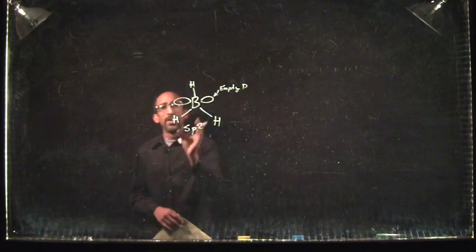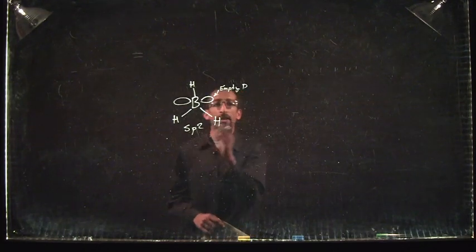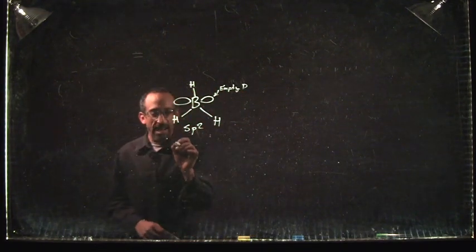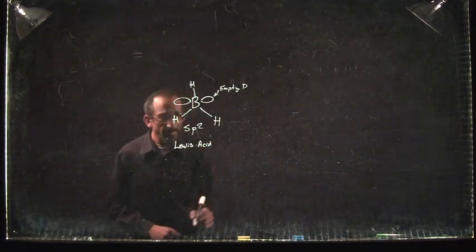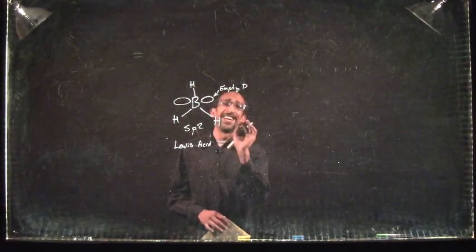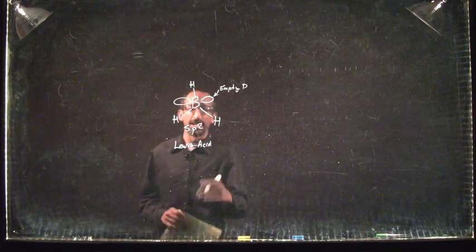What we can deduce based on this is that, one, boron is a Lewis acid. It is an electron acceptor. What I will tell you is that it is an extraordinarily good Lewis acid. It really wants to accept electrons.